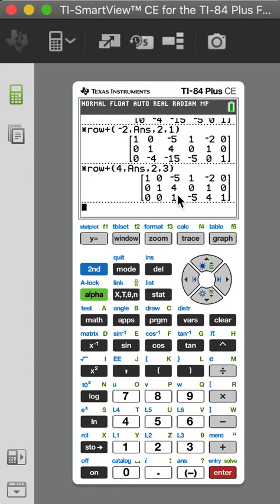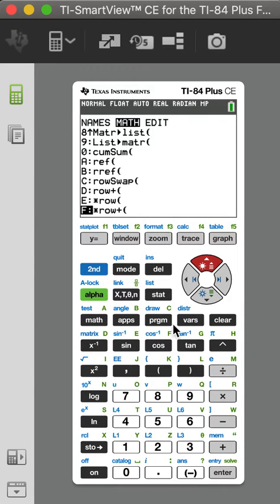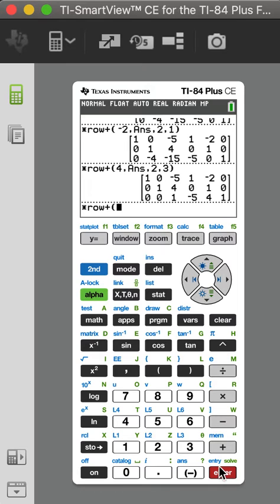Now we already have that 1 in the last row, last column. So we are going to multiply that last row by 5 and combine it with our first row. So 5, answer.